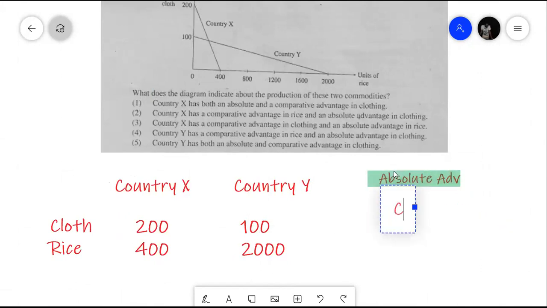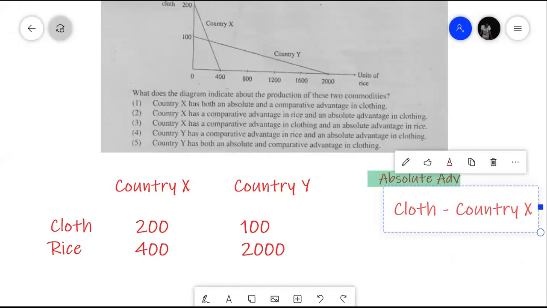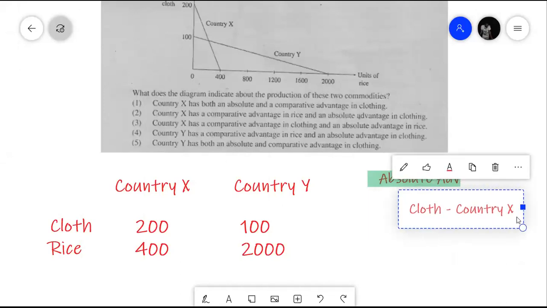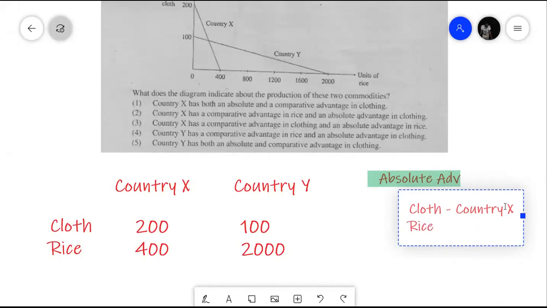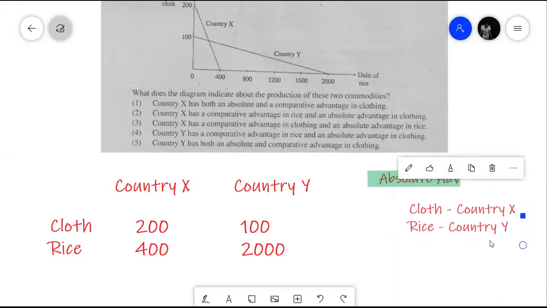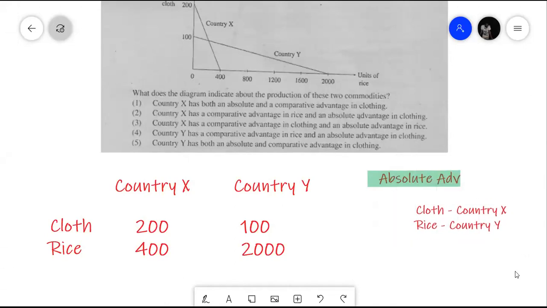So if you take cloth as a product, it's country X. Why? With the same amount of input, they can produce much more. Remember, output data: whoever can produce more. Then take rice. Country X can produce 400, country Y can produce 2000. So it's country Y. Now remember, in absolute advantage, one country can have the absolute advantage for both goods.